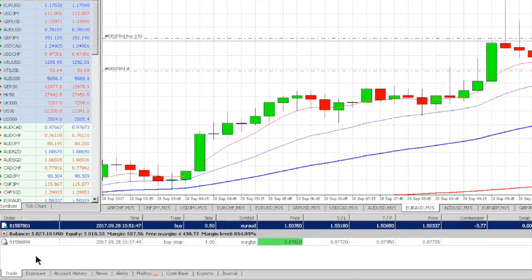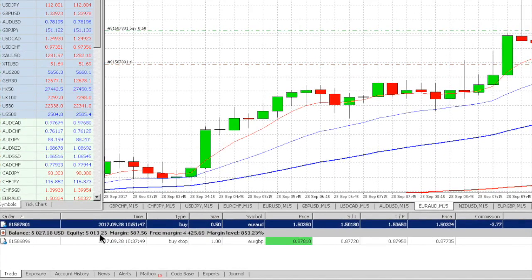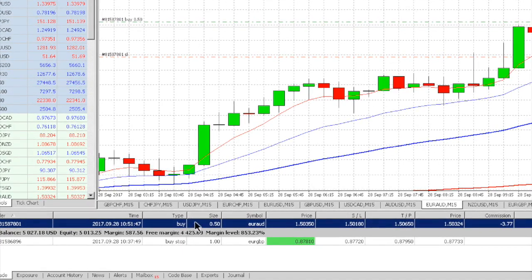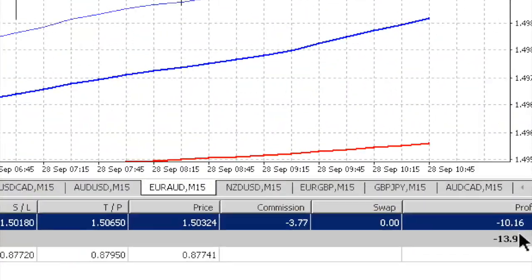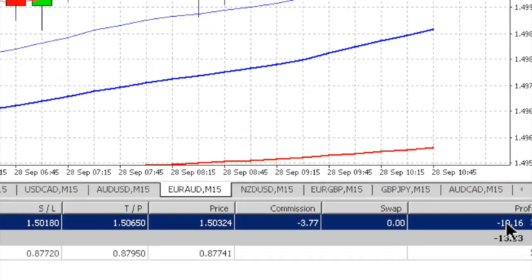Right. So the terminal will show you the order, the time you placed it, again, your buy stop, number of contracts, right? In this case, I just bought 0.5 contracts, Euro Aussie. Again, the buy price, stop loss, target price, and this is the unrealized profit or loss, okay?